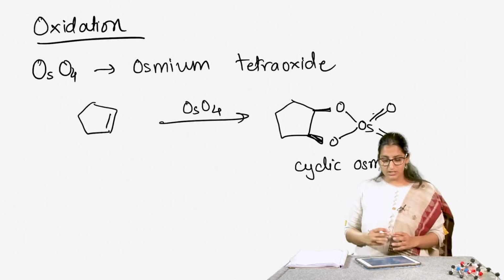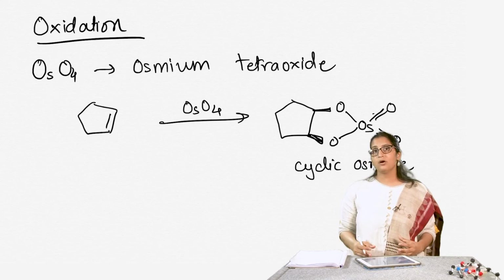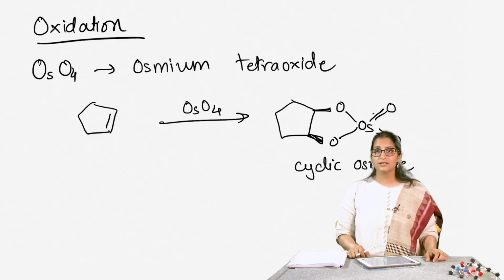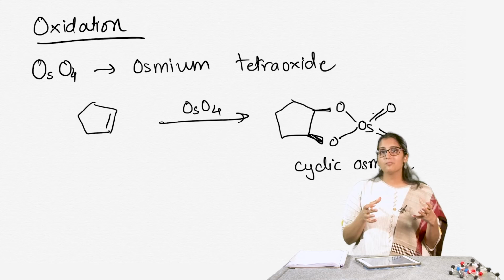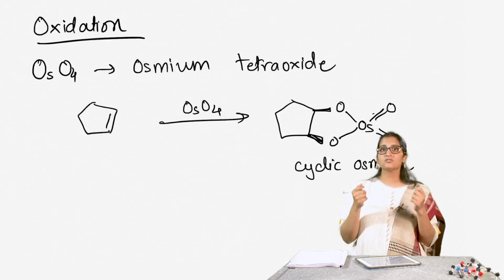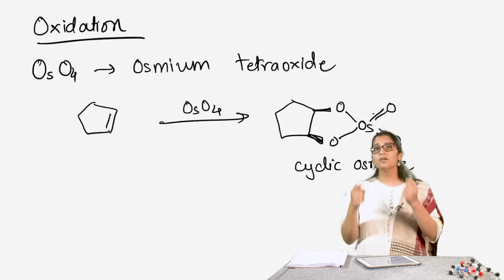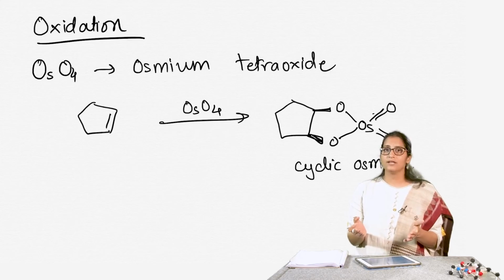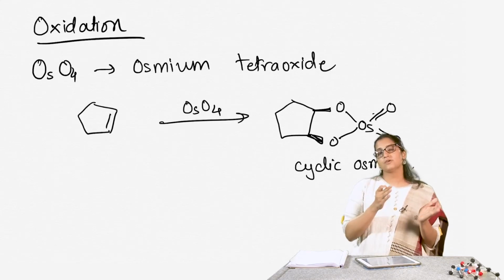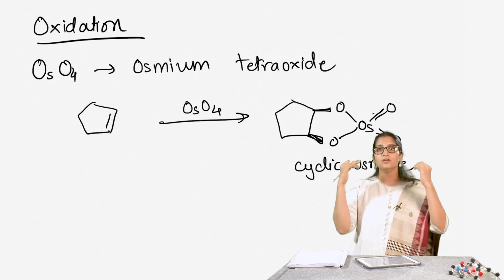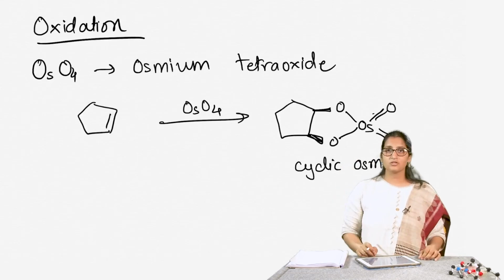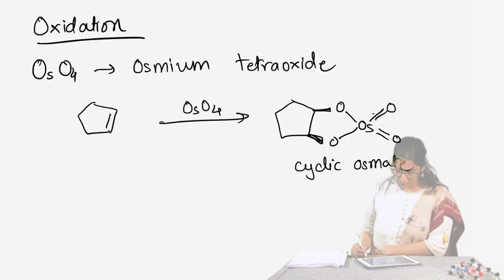And again, you can imagine that since this is a cyclic molecule that has 5 members in the ring, the cyclic osmate intermediate will be formed such that both the oxygens from the osmium tetroxide will be added from the same side on that alkene. Just like hydroboration, again, because you are having a cyclic intermediate formed, you are going to see both the oxygens being added at the same time.